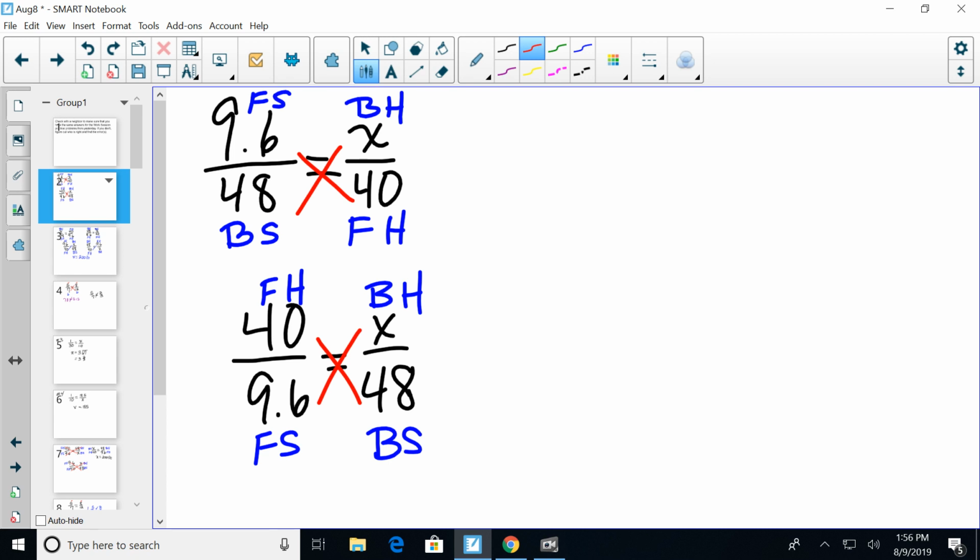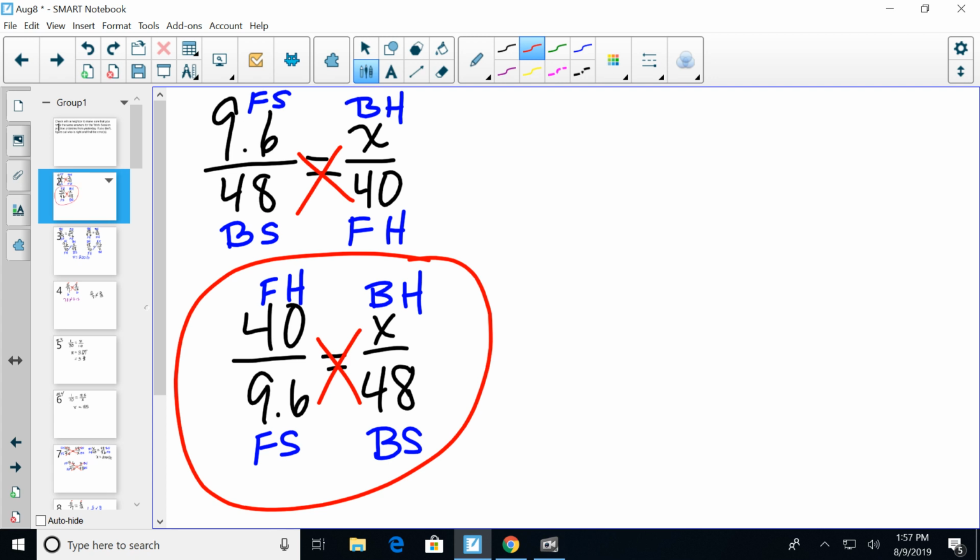In this case, we have a flagpole and a building. So when I do cross multiplication, I should be using a number from the building and a number from the flagpole. Does that make sense? If you're dealing with the same thing in a cross multiplication, you've got to flip one of your ratios because one of them is wrong. All right? So this one is the correct one.